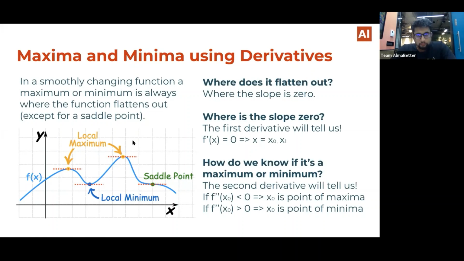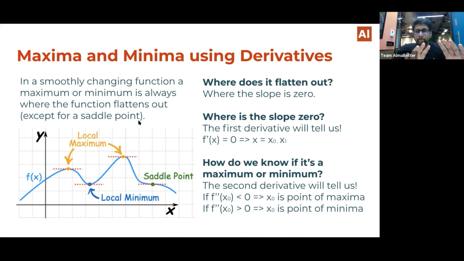This is where I would like to introduce the concept of local maximum and local minimum. Every function has a global maxima or minima, wherein the function takes its highest value overall in the entire domain that it exists in.